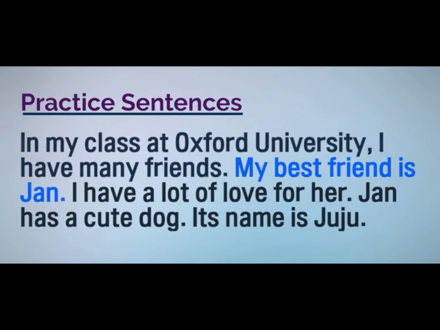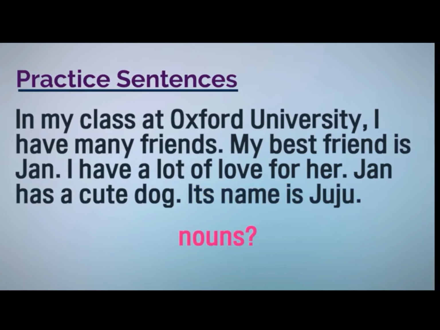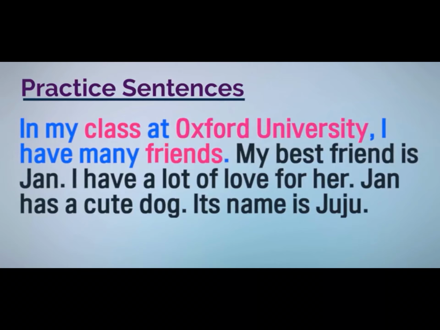Okay, so here we have the nouns, like I said. In the first sentence, in my class at Oxford University, we have class and friends. Okay, class and friends. These are the common nouns. We also have a proper noun, which is Oxford University. And we know that it's a proper noun because it's capitalized.